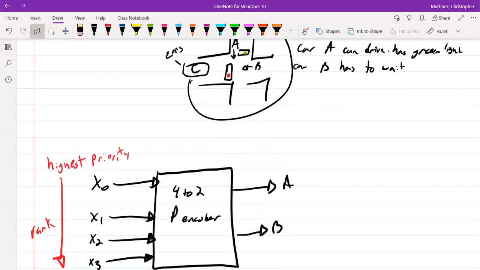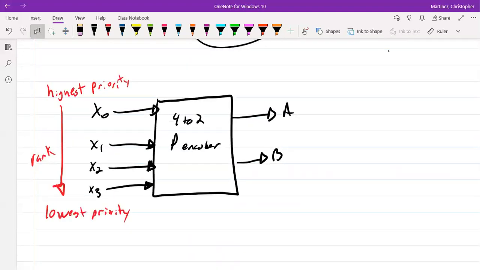So how do we draw this out? We have a 4 to 2 priority encoder. Our inputs, I'm going to label them X0, X1, X2, and X3, and we're going to generate 2 outputs, an A and a B. The way I'm going to set this up is I'm going to have X0 be the highest priority, since it's the first number that would come on a number line, and then we go down to X3 being the lowest. This sets up a ranking system for us.